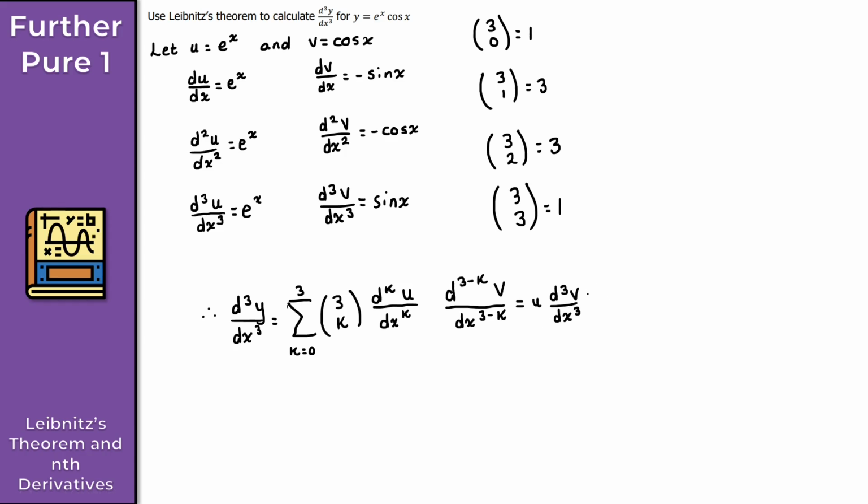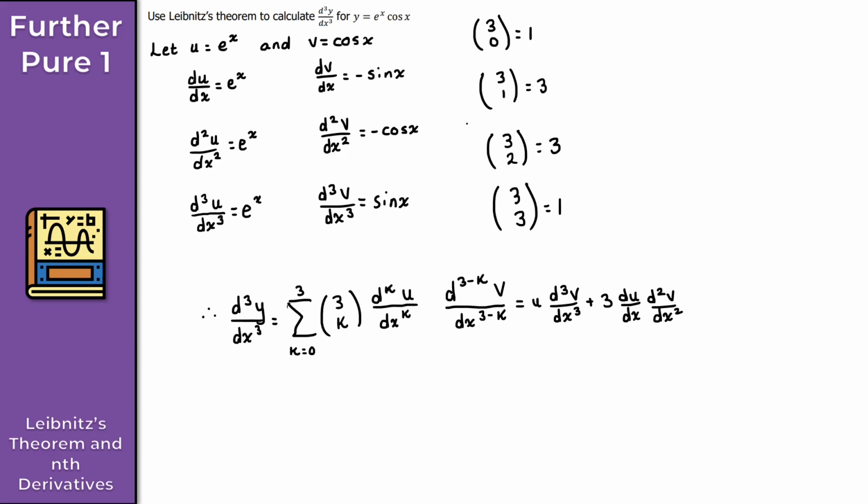Now for the next term here then, we get 3 choose 1. So that's 3. So I get 3 lots of the first derivative of u here. So this one will now increase to the first derivative, and this one will decrease to the second derivative. So I get 3 lots of du by dx, times the second derivative of v here.